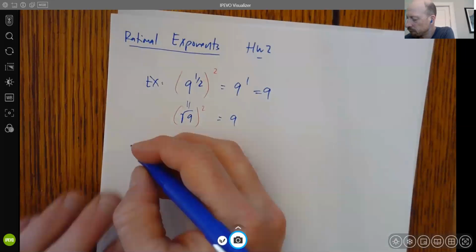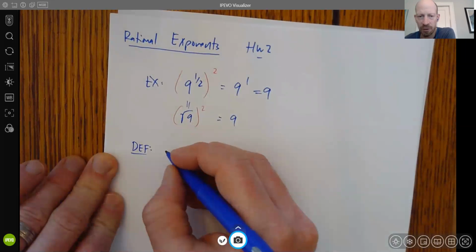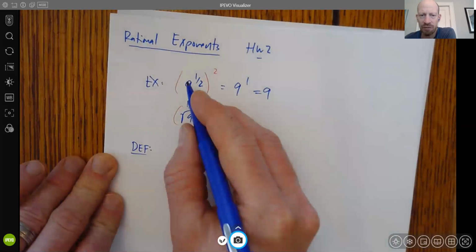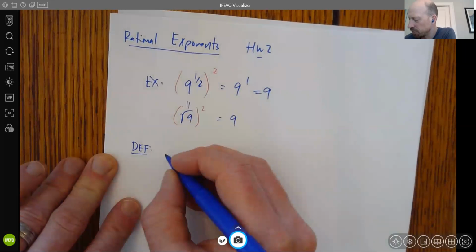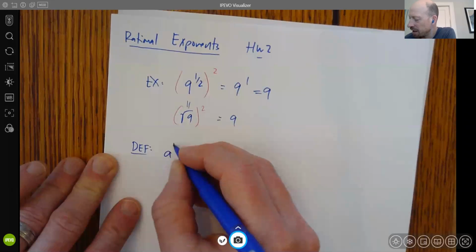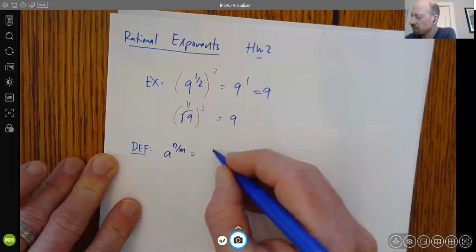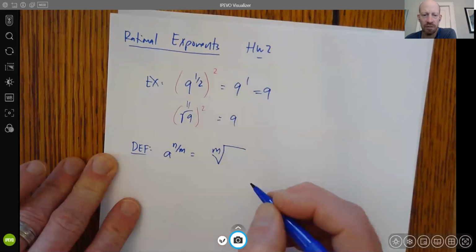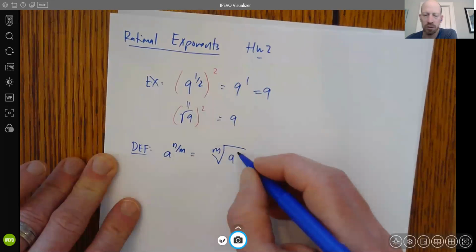And I'm just going to start with our kind of full definition here. We don't always have to have a numerator of 1 and a denominator of something else. It can be other expressions too. So let's say a to the n over m. The denominator is going to give me the index of the root, and the numerator is going to give me just a power.